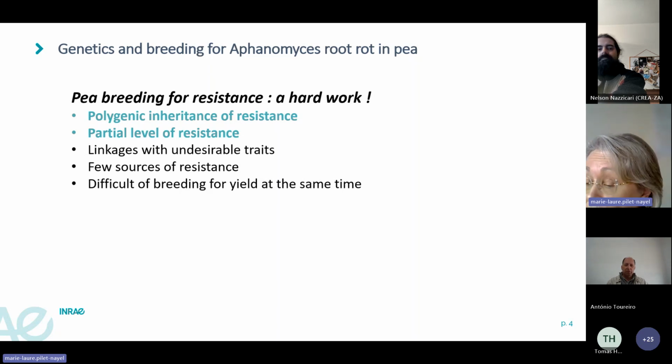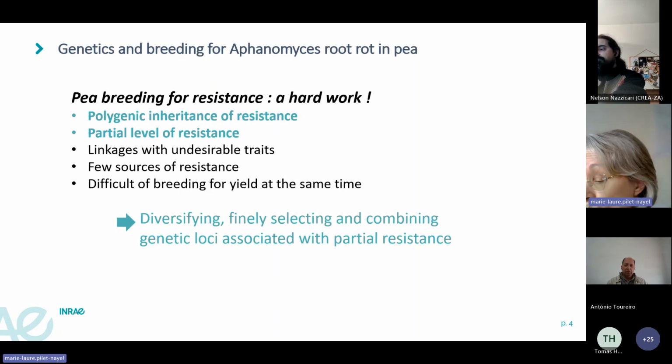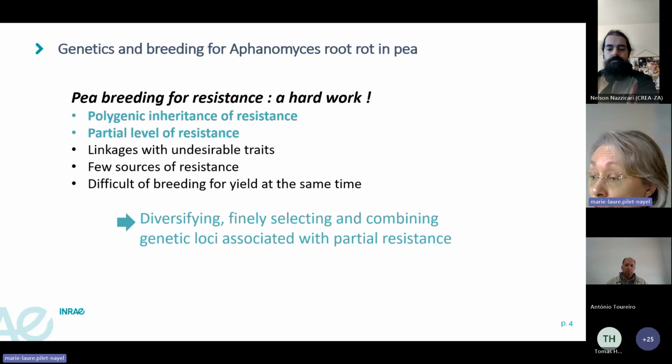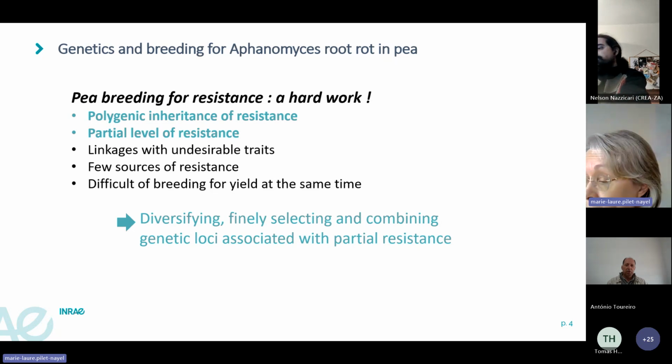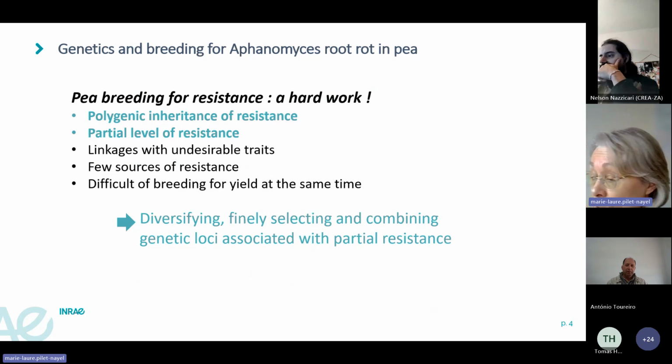So breeding strategies for high and durable levels of resistance are more complex than for resistance controlled by single or a few genes, and will require to diversify, select and combine genetic loci associated with the partial resistance.